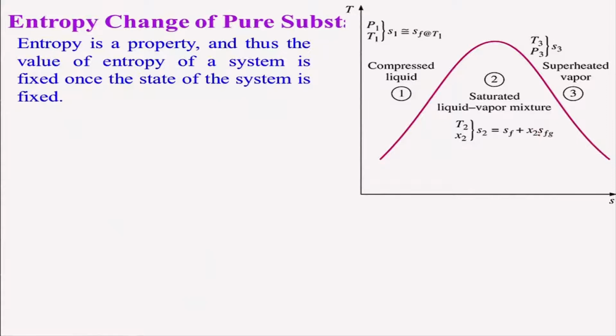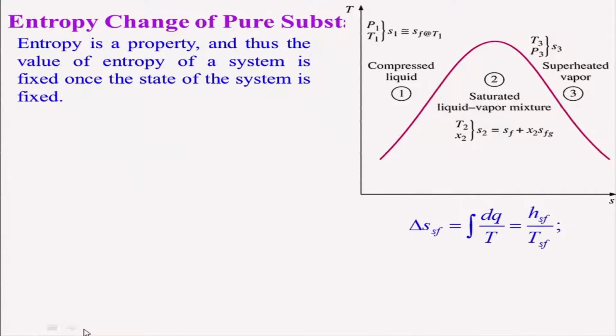So, you need to know this quality, and if you know the entropy at the saturated liquid point and the change in entropy between the saturated liquid and saturated vapor points, then you can evaluate the entropy, provided you know either the temperature or the pressure at the saturated condition, and also the quality.